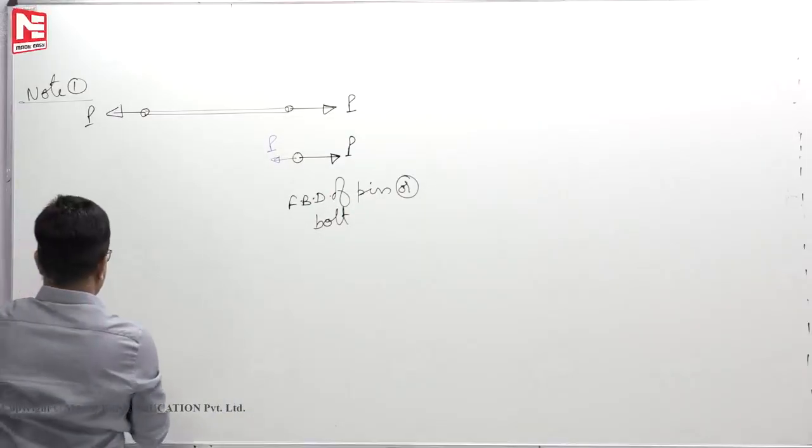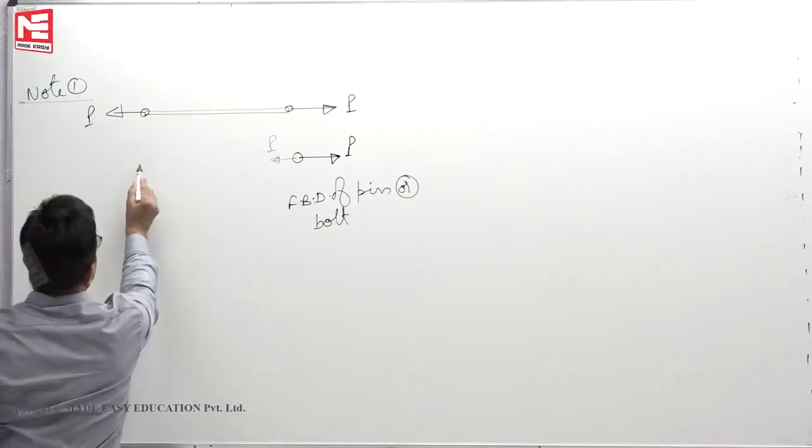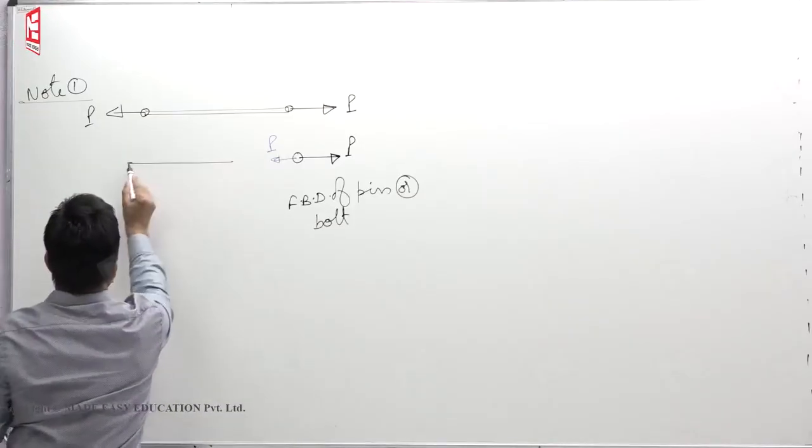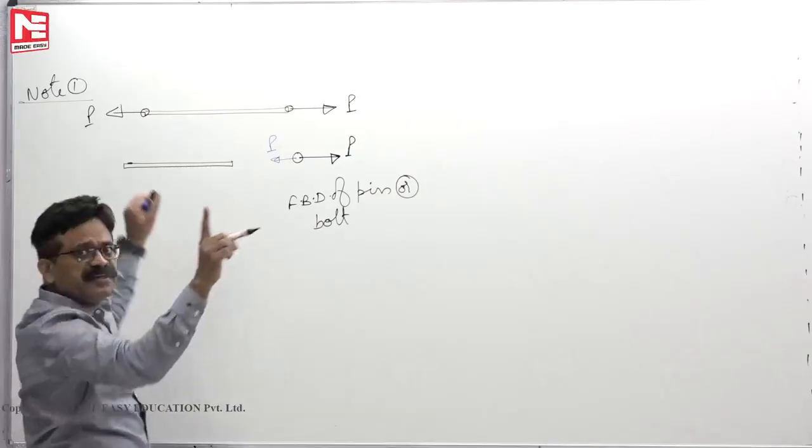Now we want to draw the free body diagram of the member. When you draw the free body diagram of the member, you have to show what the pins are doing on the member.